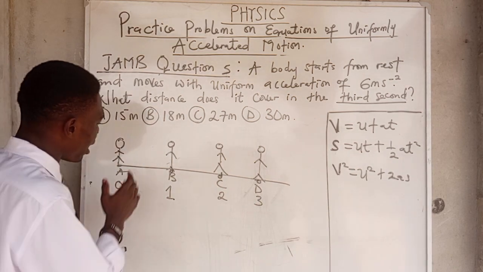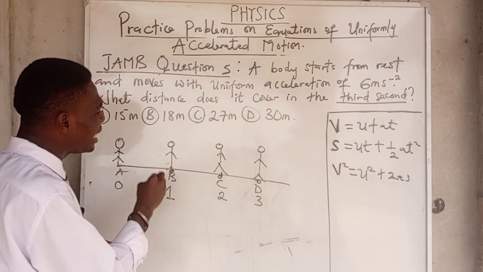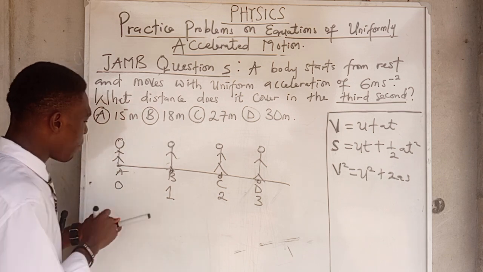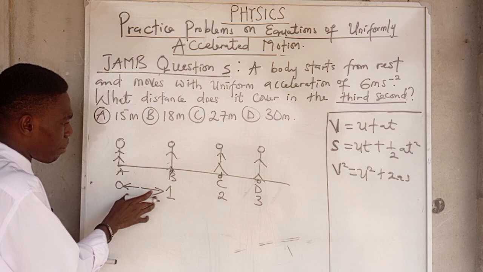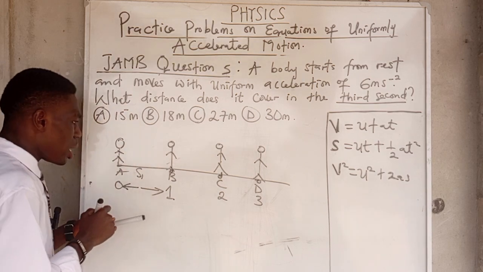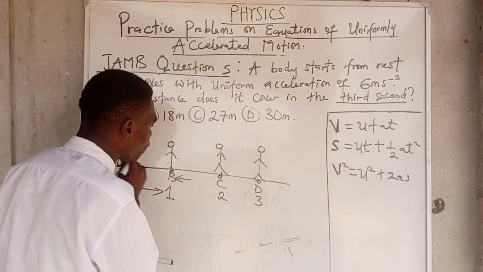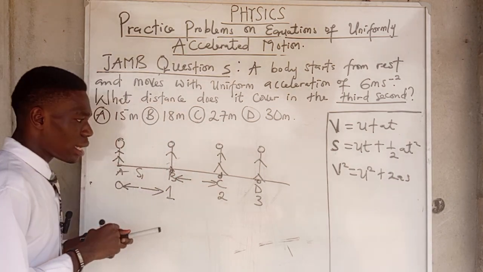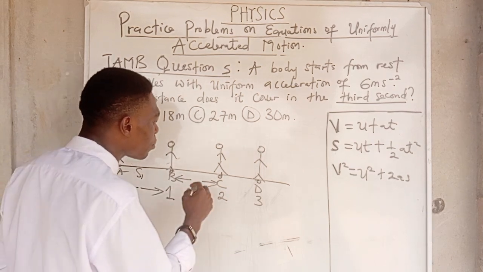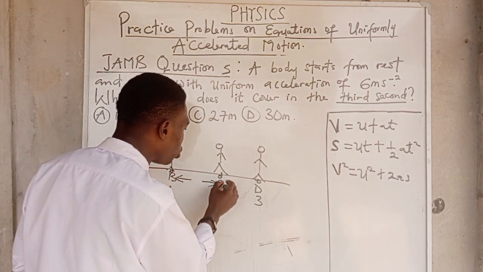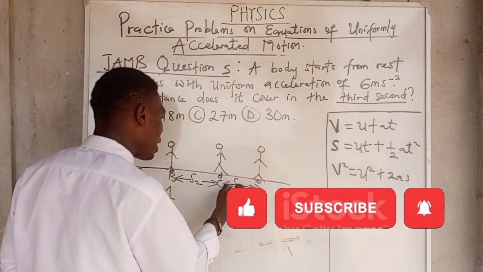If I'm asking you the distance covered in the first second, I'm asking you to calculate the distance between 0 and 1. If I'm asking the distance covered in the second second, it is between the first second and the second. If I ask you the distance covered in the third second, it is between the second and the third seconds. Take note of it.